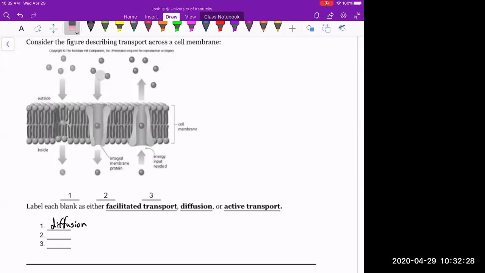Blank 2, so this symbolism here of 3 to 1, high concentration to lower concentration through a transporter. That's facilitated diffusion.